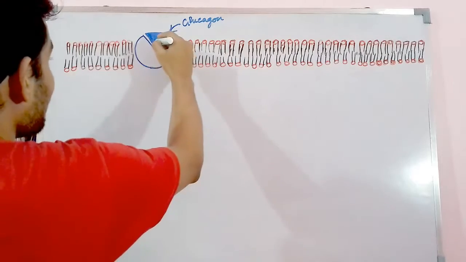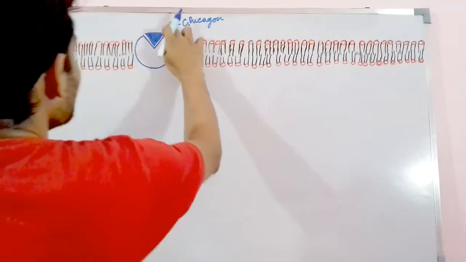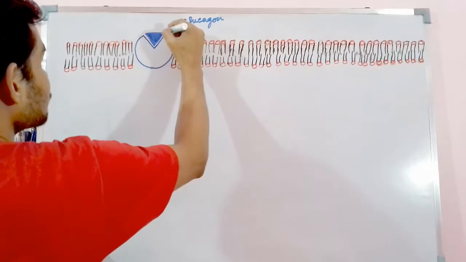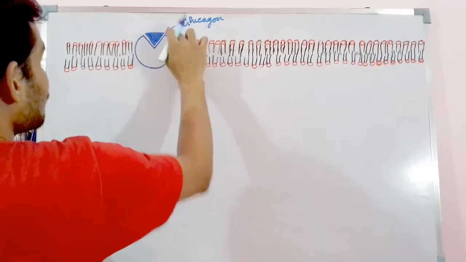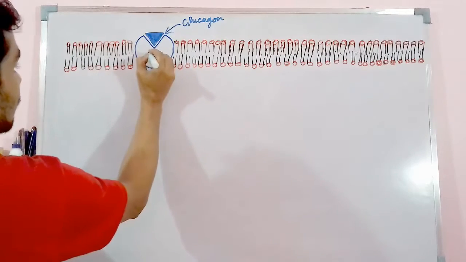This is the glucagon hormone, and this is the glucagon receptor, GR.